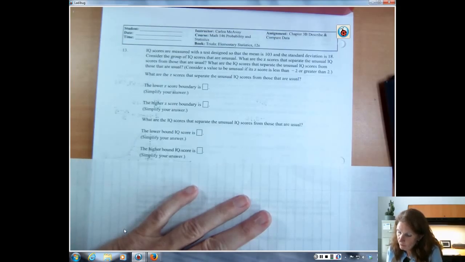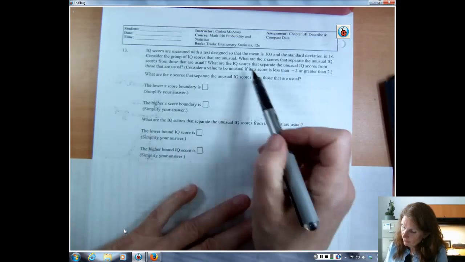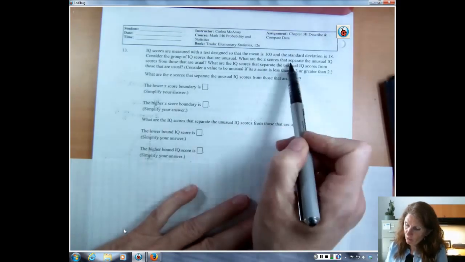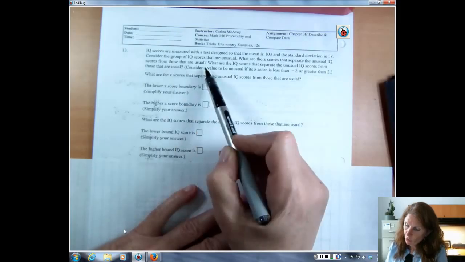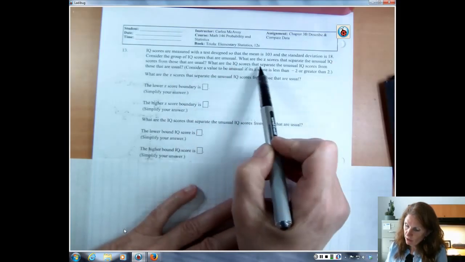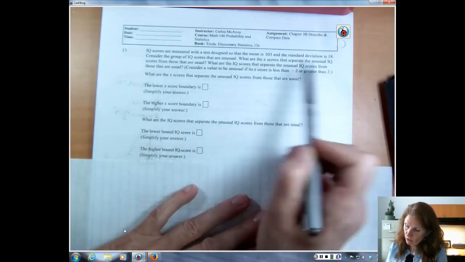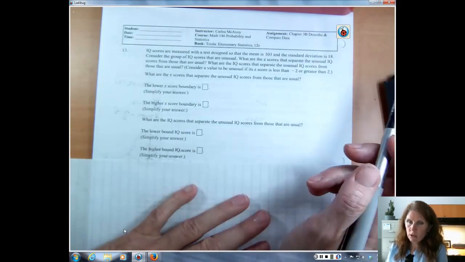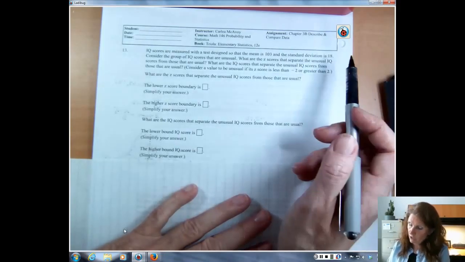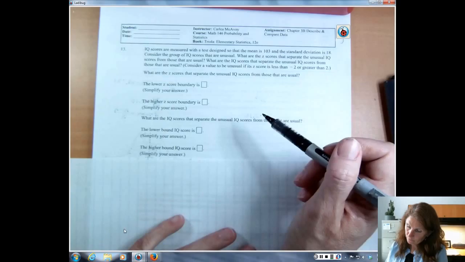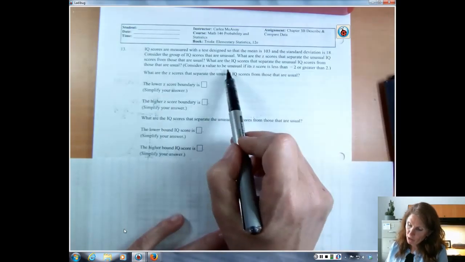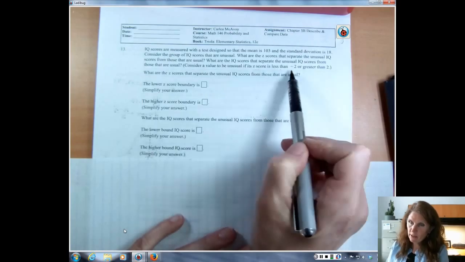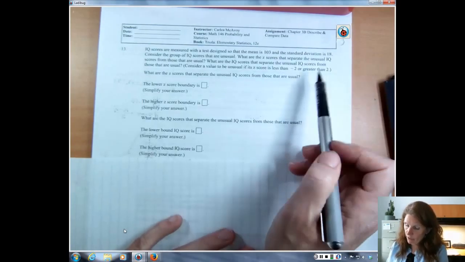I'm reading the same thing twice, I think, but let me slow down. What are the IQ scores that separate the unusual IQ scores from those that are usual? Okay, I guess we're talking about lower and greater. So consider a value to be unusual if the z-score is less than -2 or greater than 2.